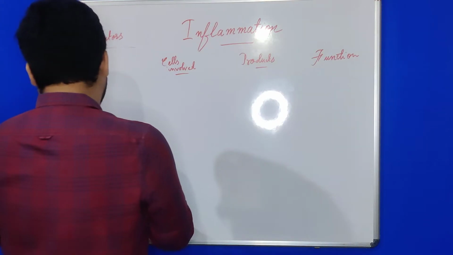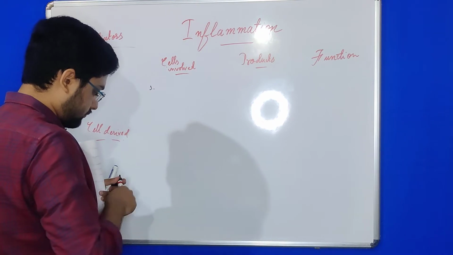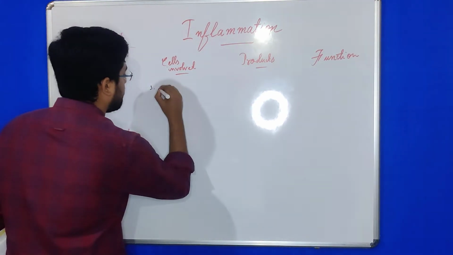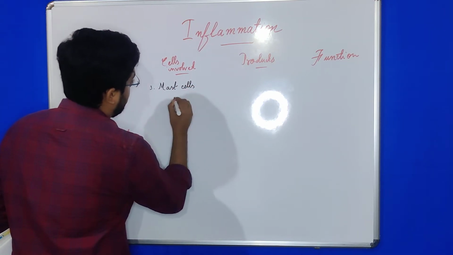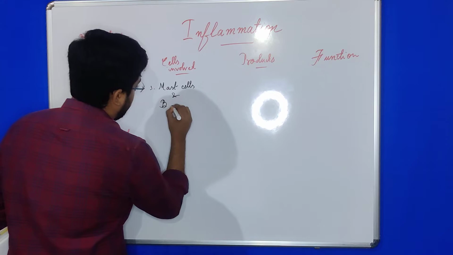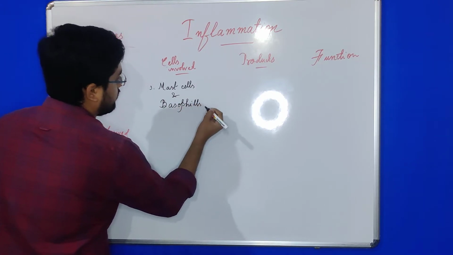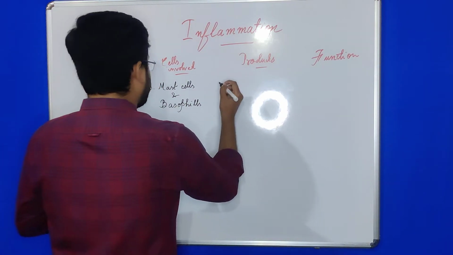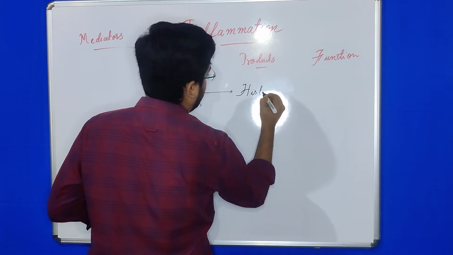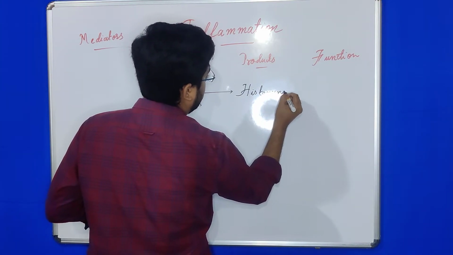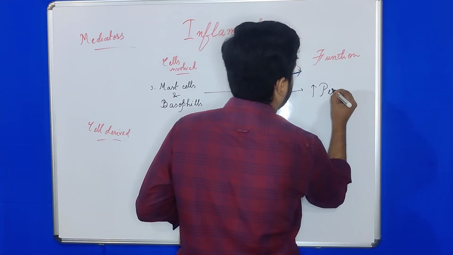So in cell derived, number one, mast cells and basophils, which produce histamine, which will cause an increase in capillary permeability.